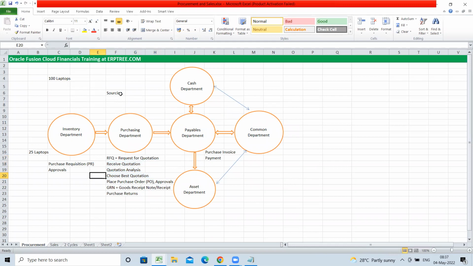When there is a separate sourcing department, accordingly they'll have a separate application called the sourcing application. We'll talk about it. Just take these simple points. The purchase department will be involved in all these activities. Based on GRN information, the payables department will create the purchase invoice and process the payment.